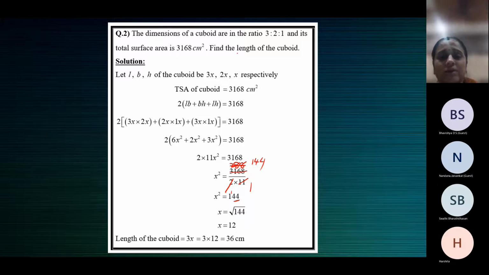Now the question is to find only the length of the cuboid, not length, breadth, and height. They've not asked you to find the breadth and height. Find the length of the cuboid. So what is length? 3x. 3x is the length. So 3 into 12, 36 centimeters.